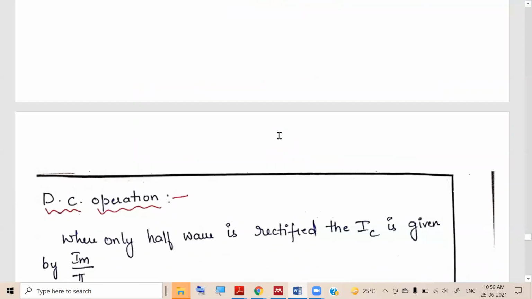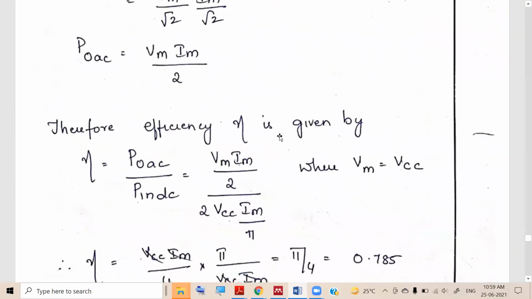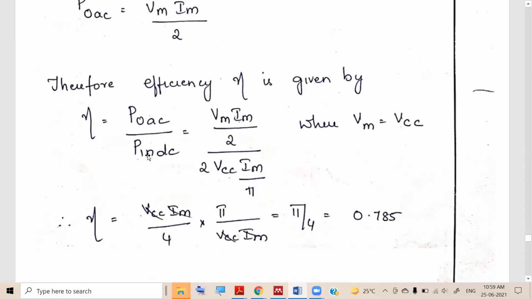That is the important point we need here. We got P naught AC and P in DC. Im will cancel; we only have to get the relation between Vm and VCC. From the graph, we identified that Vm is equal to VCC, so we can replace Vm with VCC. VCC and Vm will cancel, Im will cancel, and we directly get the result.